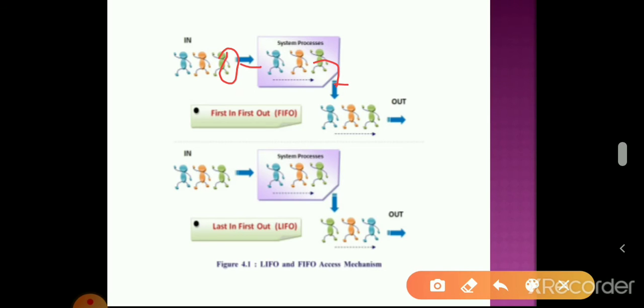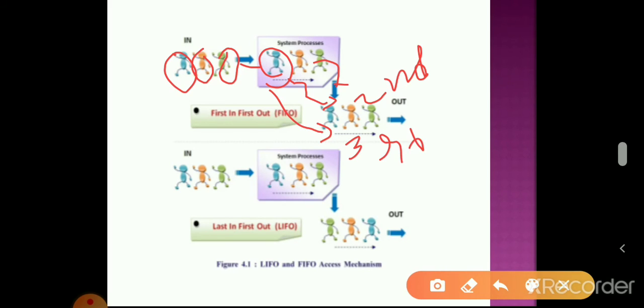The second person goes in second, so comes out second. The last person goes in last, so comes out at the third position. So this is the FIFO mechanism.